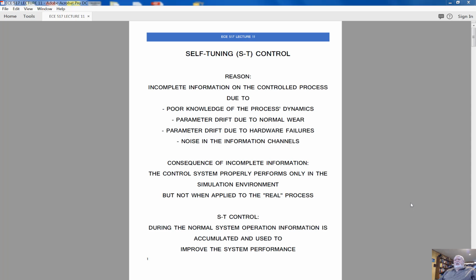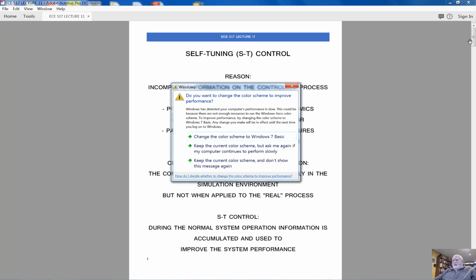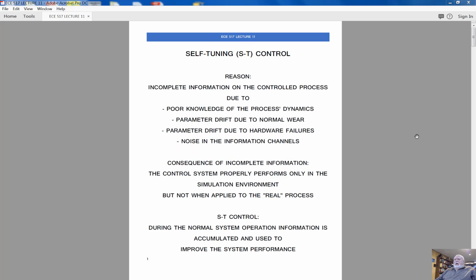Well, the need for self-tuning control is exactly the same as the need for model reference control. We do face incomplete information on the controlled process, and it happens due to poorly known process dynamics, to parameter drift caused by the normal wear of the system components, and parameter drift caused by hardware failures.